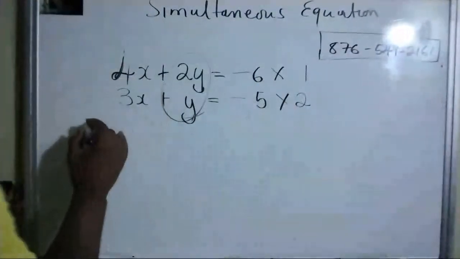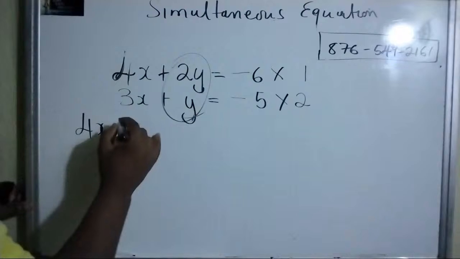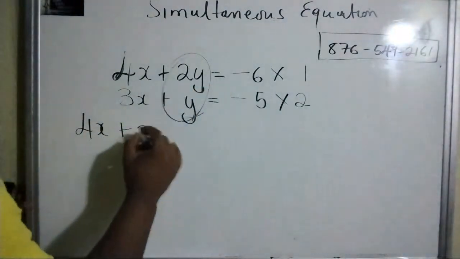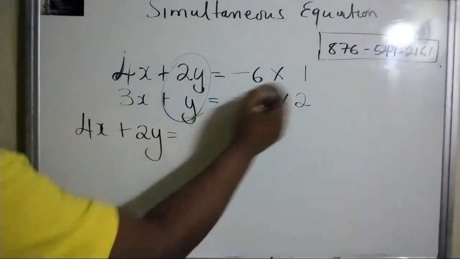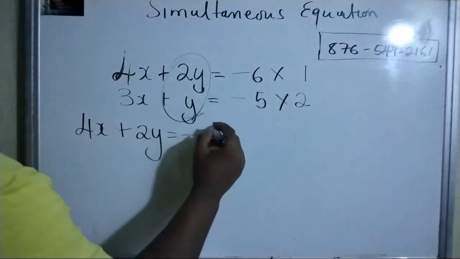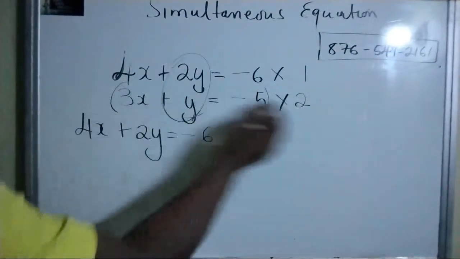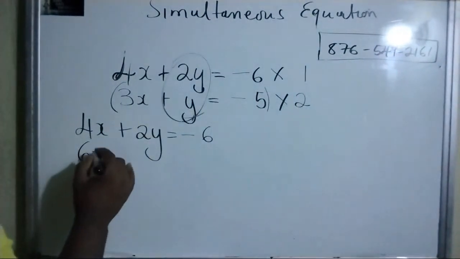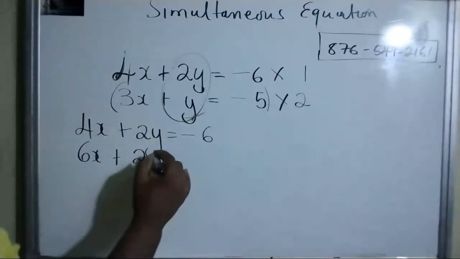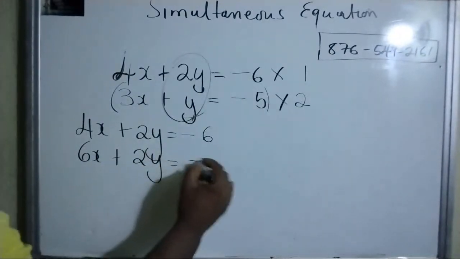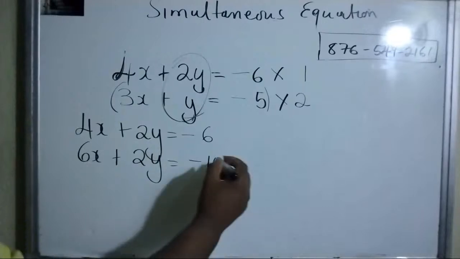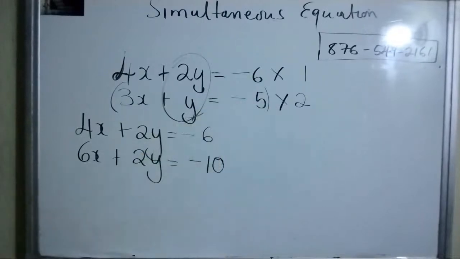So 1 times this gives us 4x. 1 times 2y, that's 2y. 1 times 6, negative 6. Remember, positive times a negative is negative. 2 times 3, 6x. 2 times y, 2y. And 2 times 5, negative 10. Notice I multiply everything by 2, not just the x.